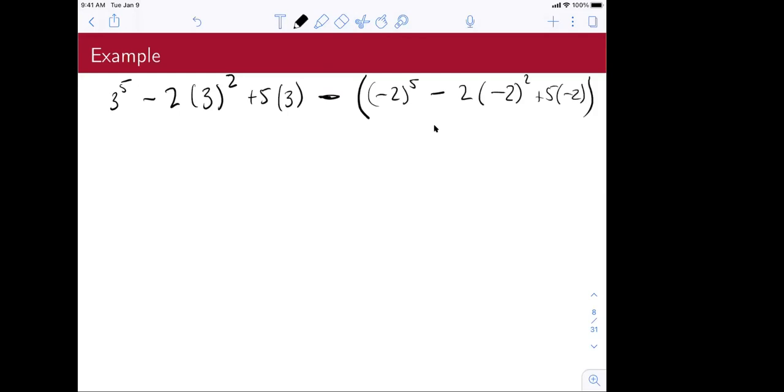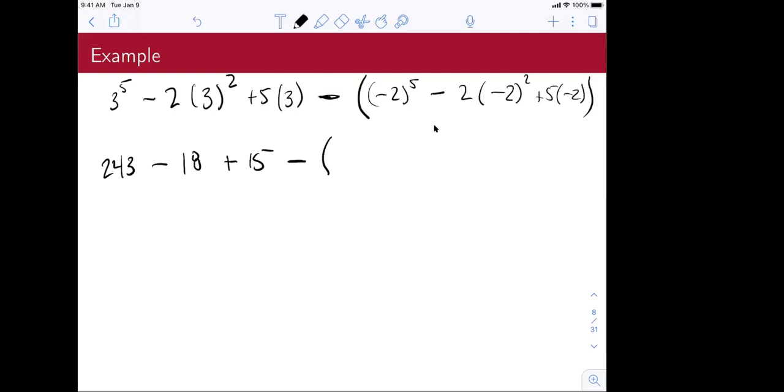Okay, so 3 to the 5th, that's 81 times 3. 81 times 3 is what, 243? 243 minus 2 times 9, so minus 18, plus 5 times 3 is plus 15, minus 2 to the 5th.